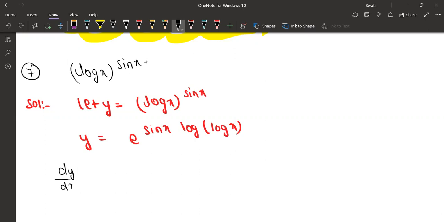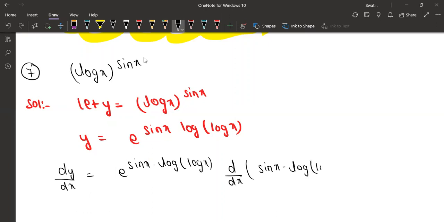So dy dx, and this function as it is, which is e raised to sin x into log x, right? And then by chain rule, we will do the derivative of sin x into log x. Now this function we can just write as it is, back to the previous one, log x raised to sin x, and here use the product rule.